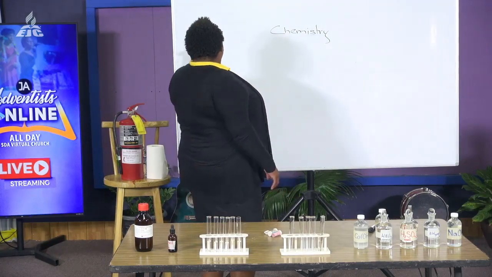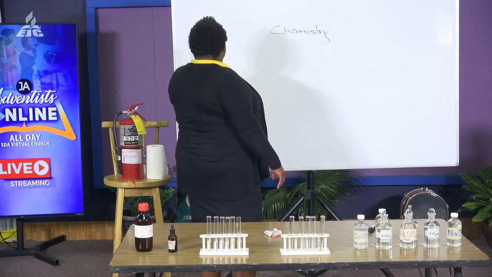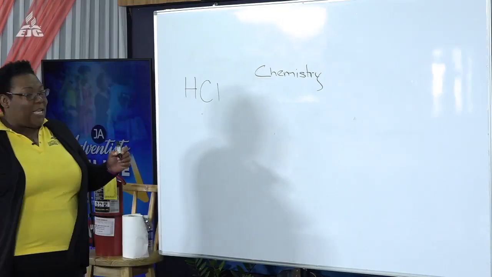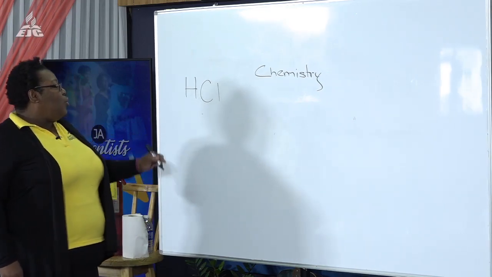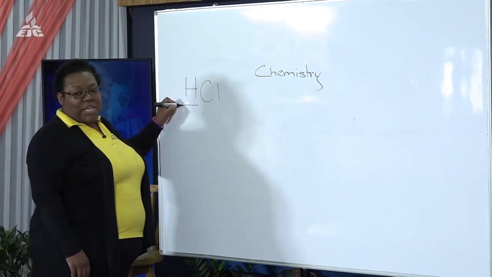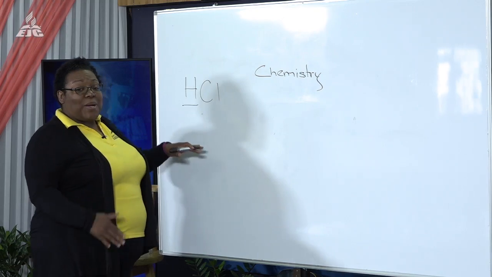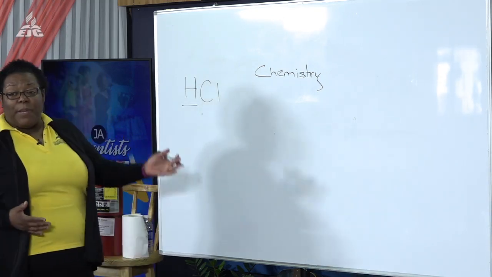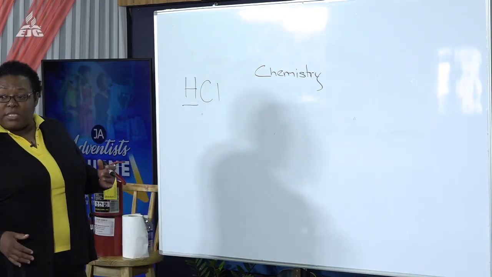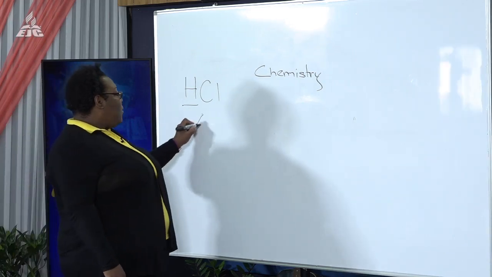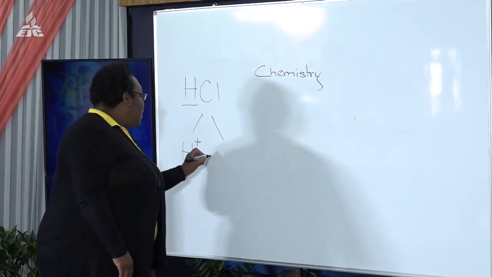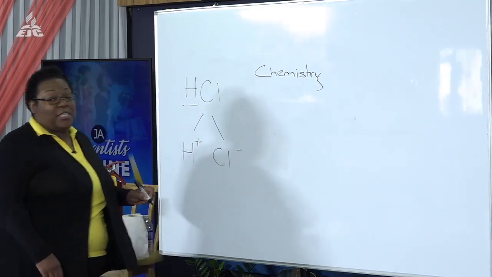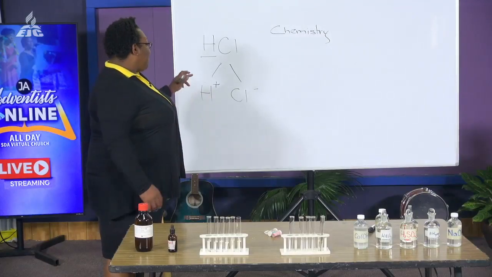All right, so if I were to look at a simple, very popular acid, hydrochloric acid, HCl, notice that hydrogen is present. If it were to be placed in water, dissolved in water, and it were to be ionized, the only positively charged ions present would be hydrogen.